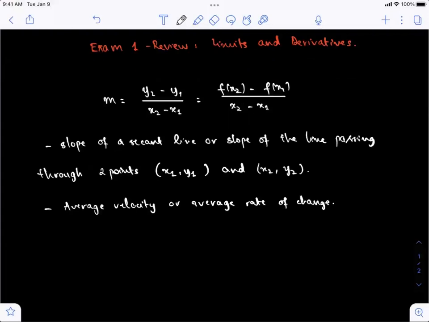Now, from this concept of the slope of the secant line, or average velocity, we can take the limiting value of the slope of the secant line to obtain the slope of the tangent line. And we can take the limiting value of the average velocity to obtain the instantaneous velocity or instantaneous rate of change.